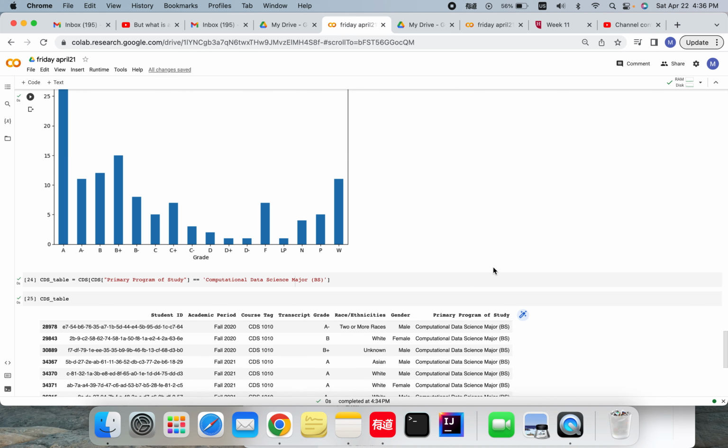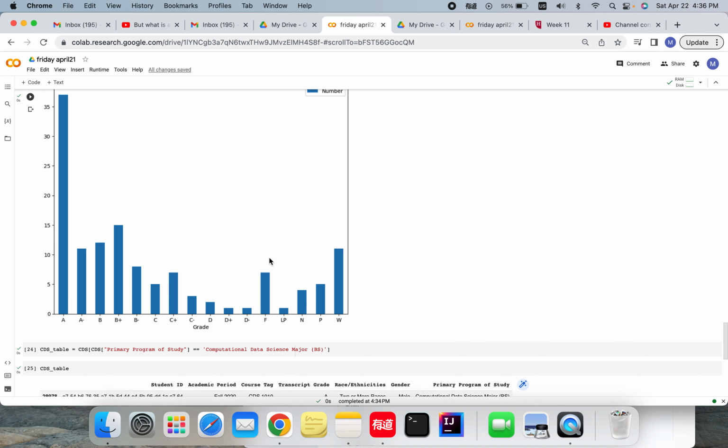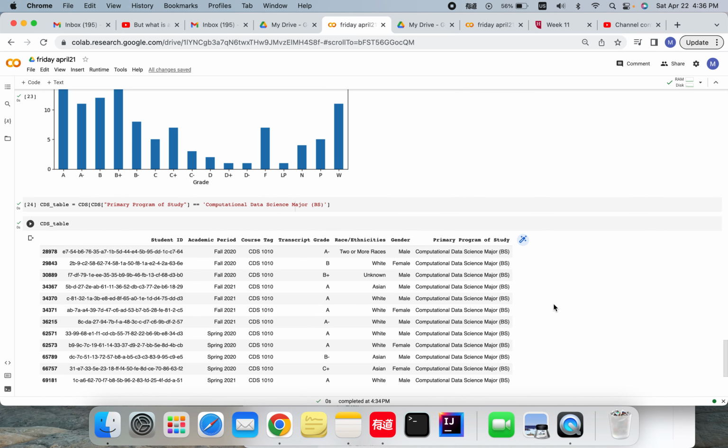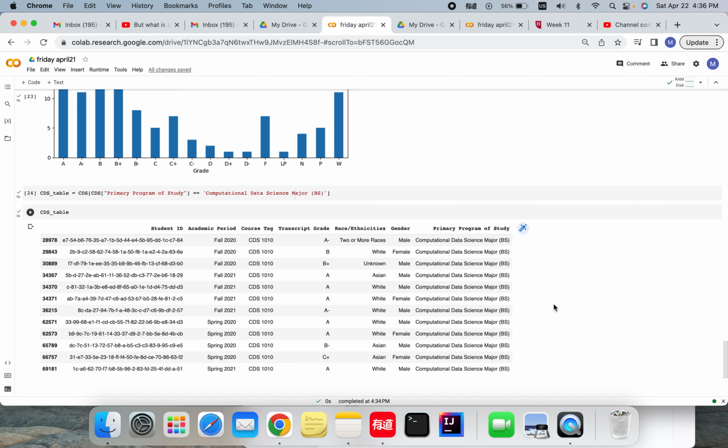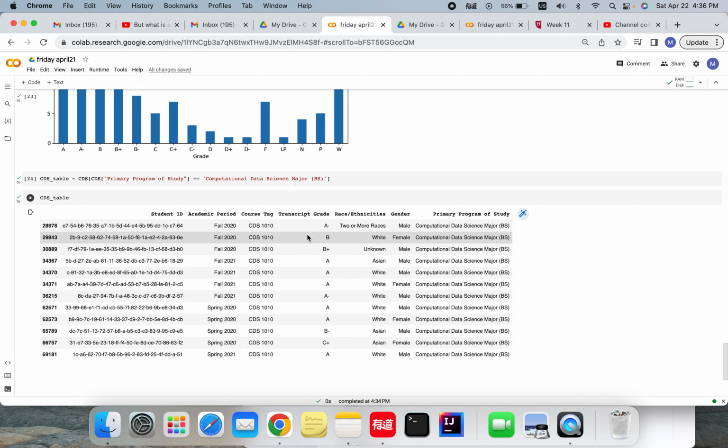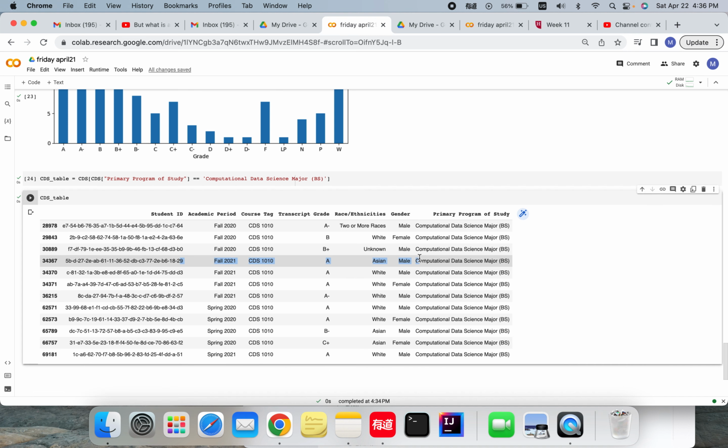When I tried to compare this number with the people who major in CDS, it turns out it's not really worth it, because there are only 12 people who declared as a CDS major and took that class. So there aren't really a lot of CDS majors, I guess. And I actually found out this one should be me. I looked over this person's information and it turns out it was me.